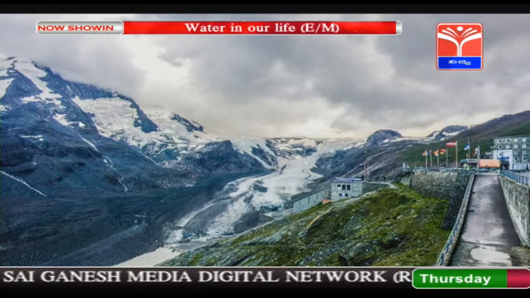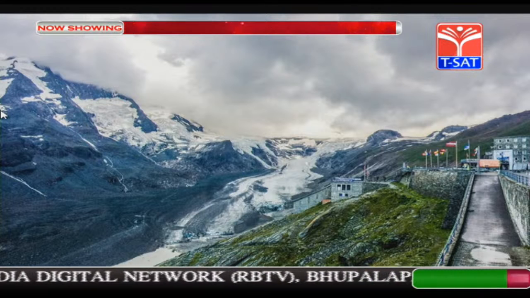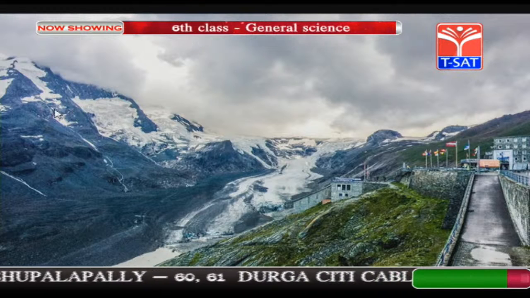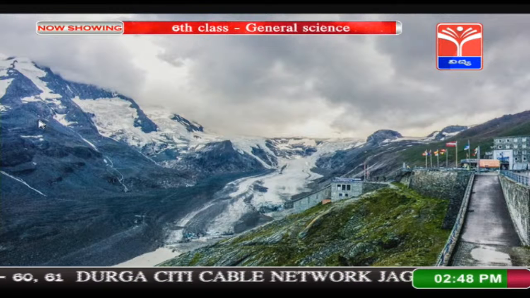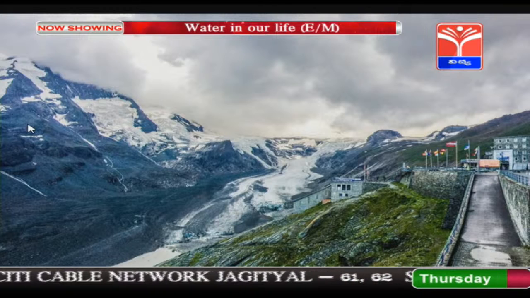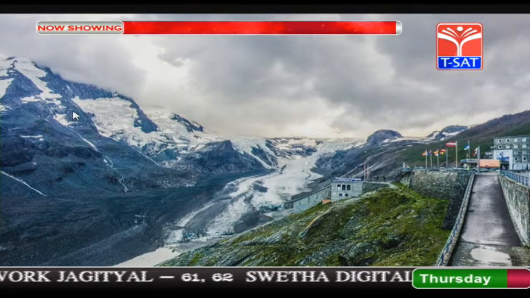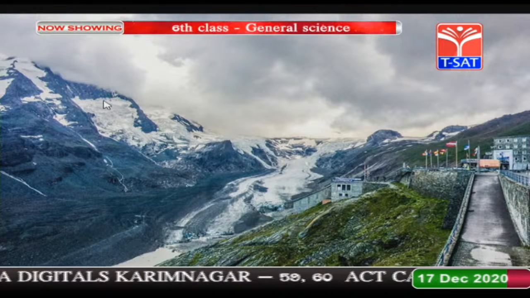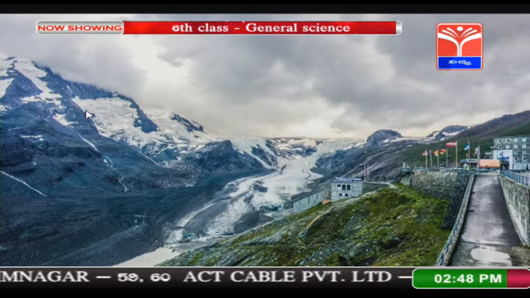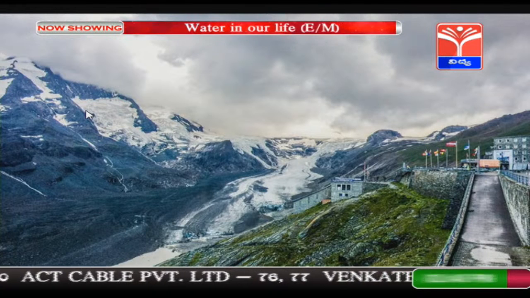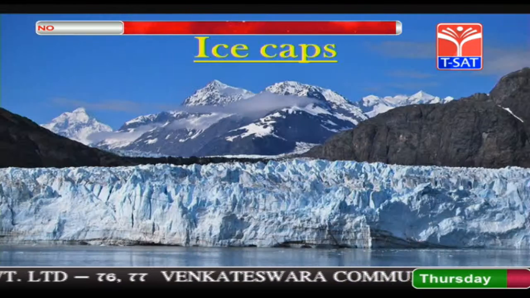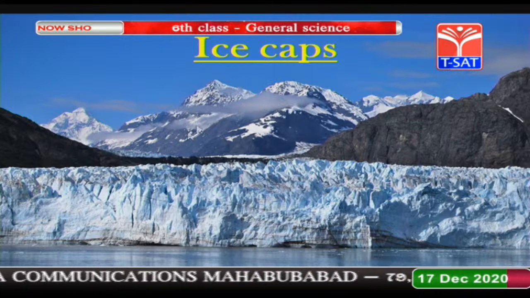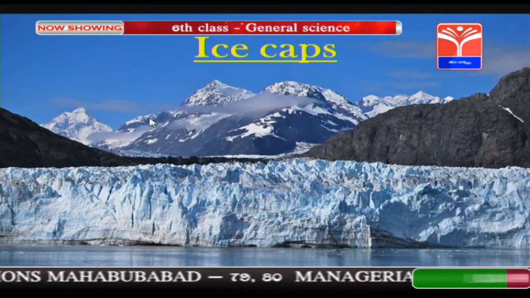And you can see some mountains like the Himalayas. These mountains are covered with ice because the temperature in that area is very low, in the minus degrees. So, we can see water in the form of ice. We cannot use this water for our purposes. Here you see the ice caps covering the mountains. Can you see, children? Yes.